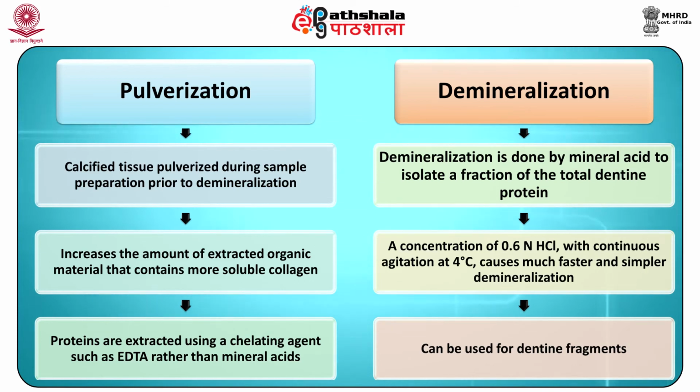Then demineralization is done by mineral acid, preferably hydrochloric acid, to isolate a fraction of the total dentine protein. A concentration of 0.6 normal HCl with continuous agitation at 4 degrees centigrade causes much faster and simpler demineralization and can be used for the dentine fragments.